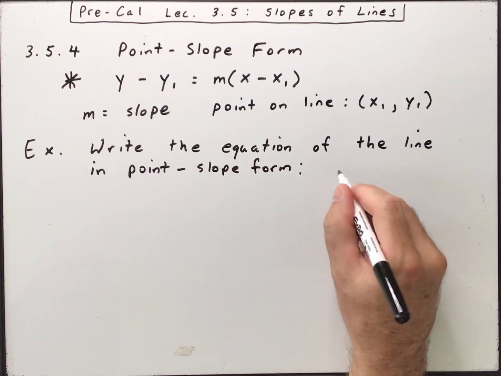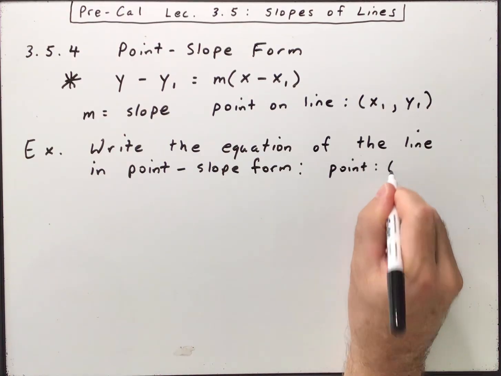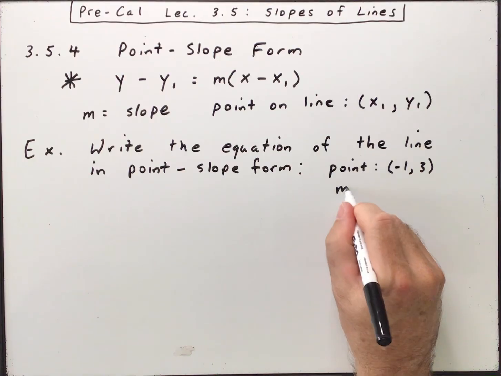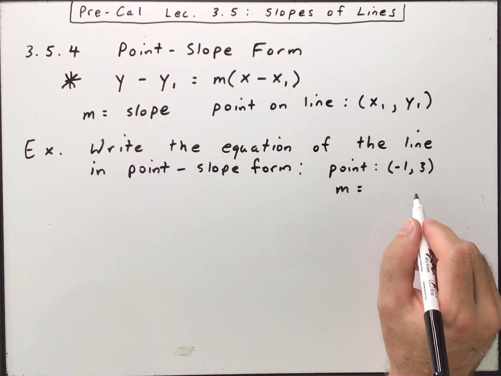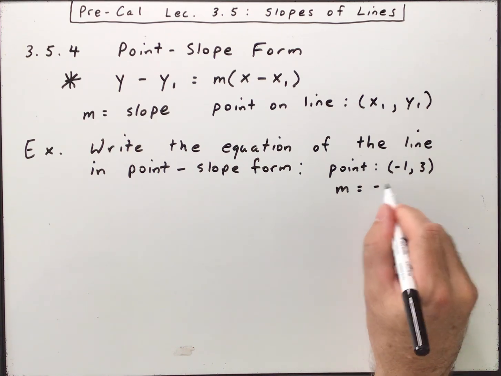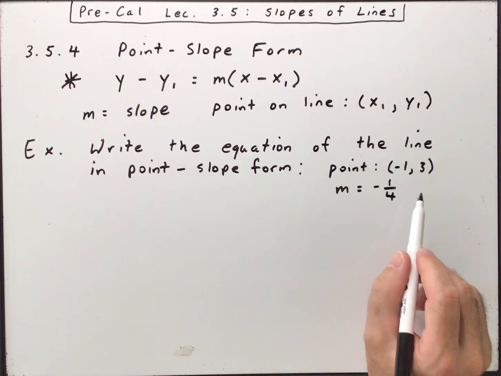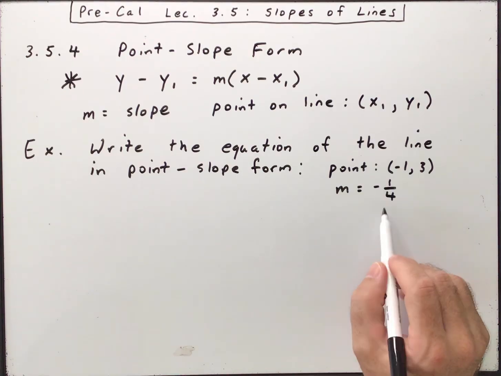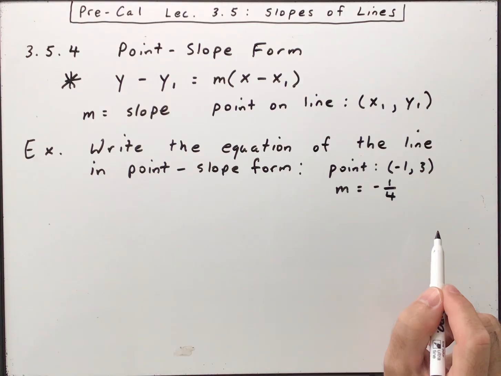So I've got a point at negative 1, 3. And I'm given the slope. I don't have to calculate it. On the homework, you may have to calculate the slope. You're given 2 points. The slope is equal to negative 1/4. If you're given 2 points on the line, you can just pick one of them. You'll get the same equation if you were to change it to slope-intercept or standard form. If you're given 2 points, you could use either point.